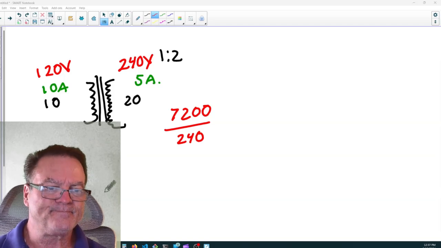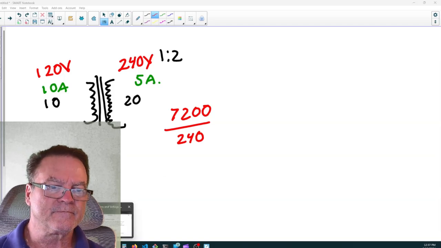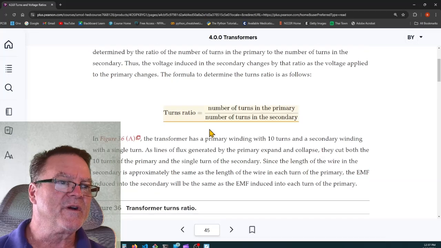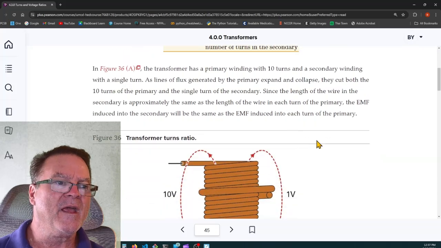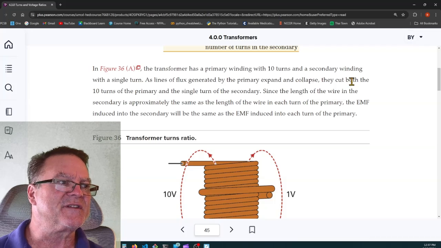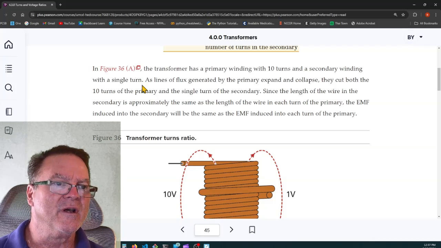Back to the book. So here it says the turns ratio is the number of turns in the primary divided by the number of turns in the secondary. In Figure 36a, the transformer has a primary winding with 10 turns and a secondary winding with a single turn. That's a 10 to 1 ratio.